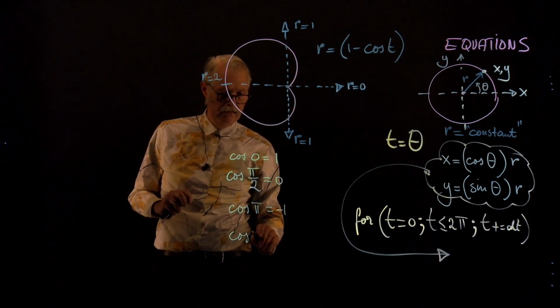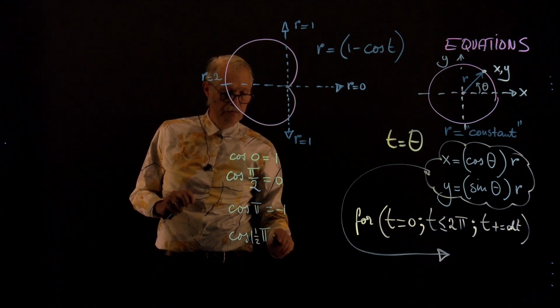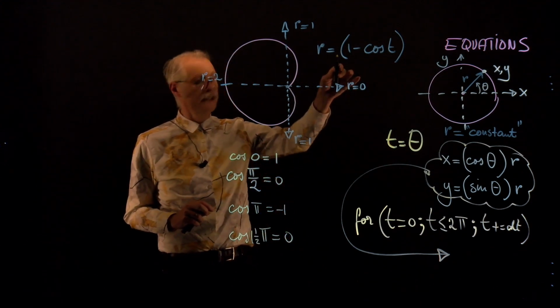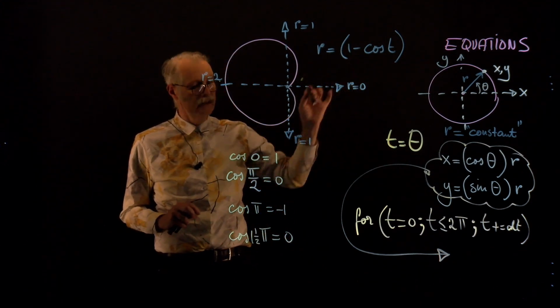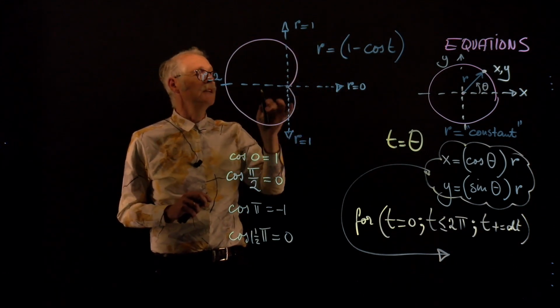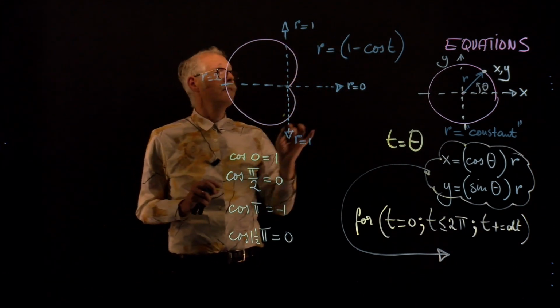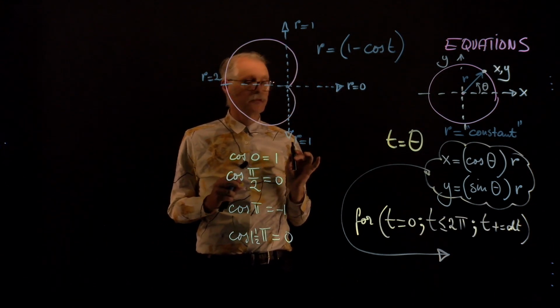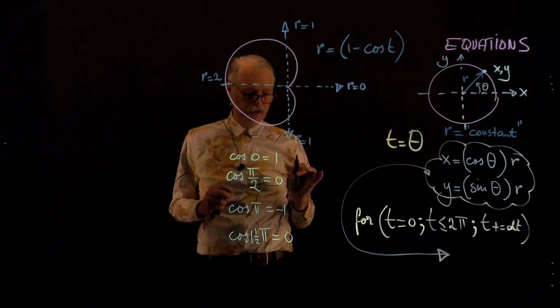And then it turns back to 0 and to 1 again. So you can check 1 minus 1 equals 0, that's what we need. 1 minus 0 equals 1, that's what we need. So in this way, if we take this r, we will have a formula for the cardioid.